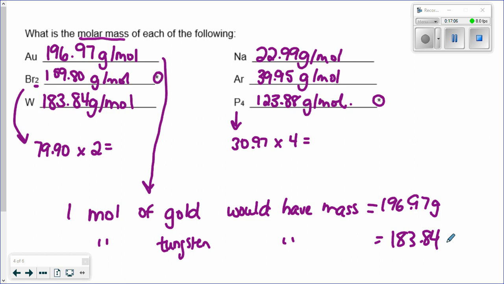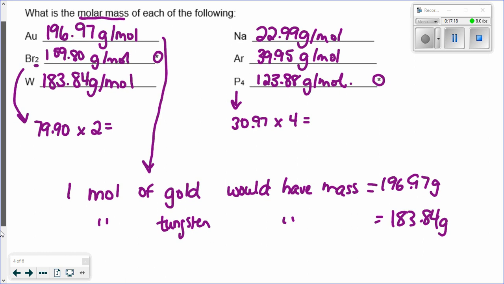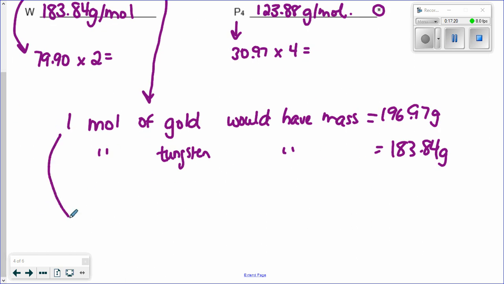So just like I was saying before, 1 dozen elephants weighs more than 1 dozen eggs. So they have different masses, but again, 1 mole of a substance is equal to 6.022 times 10 to the power of 23 particles.